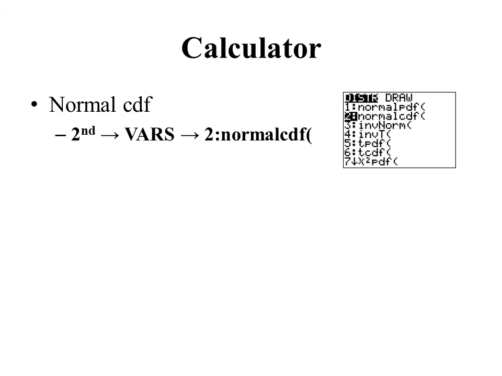To access this function, press the second key and then the vars key, and that will take you to this distribution menu, which has two submenus, distr and draw. Choose the first submenu, distr, and then the second option is for the normal CDF. The formula for the normal PDF is also built in, but that's not terribly useful, so we'll just talk about the CDF.